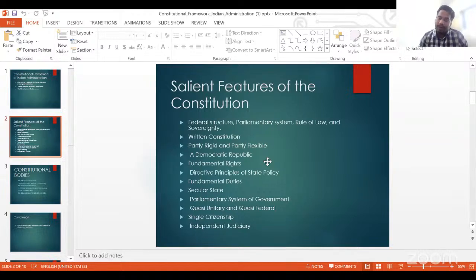We have elaborate provisions relating to central-state relations concerning administrative, legislative, and financial aspects, and provisions related to state administration also. We also have a foundation regarding fundamental rights, directive principles of state policy, and other administrative procedures in the constitution itself. So it became the most lengthy written constitution in the world. Next, coming to partly rigid and partly flexible.